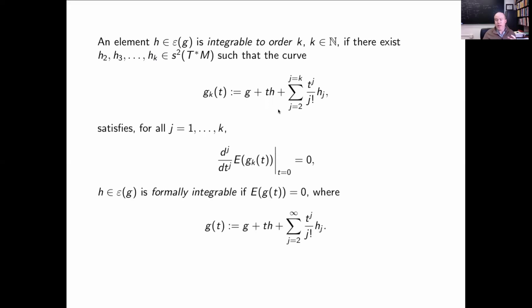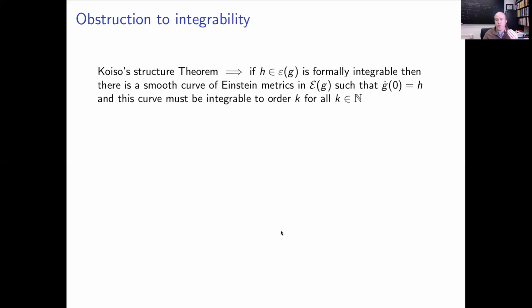It's formally integrable if you can effectively construct a power series. We start at 2 because h1 is obviously just going to correspond to h. That's the initial direction you go in. And what Koiso's structure theorem tells you is that if you're formally integrable, then you must genuinely come from a smooth curve of Einstein metrics. This just effectively comes from Koiso's structure theorem because you know that the space Z is real analytic. So you know it's real analytic and you're constructing power series, it's clear.